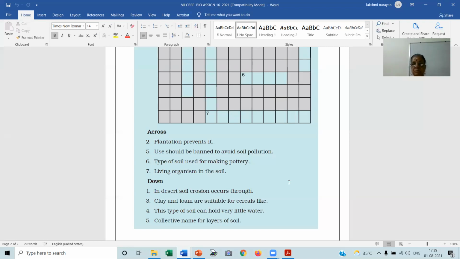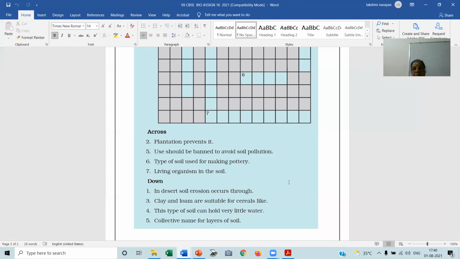Just go through. Across: go through. Polythene use should be banned to avoid soil pollution. Clayey soil is used for making pottery. Living organism in the soil is earthworm.